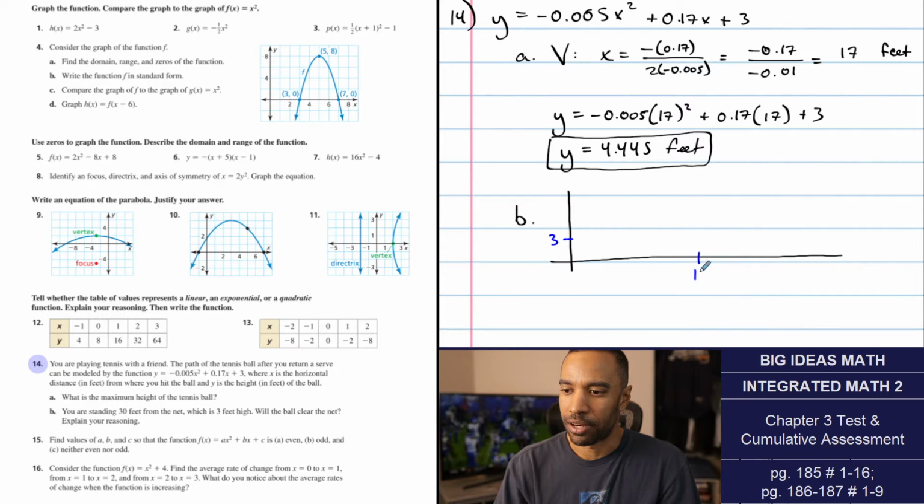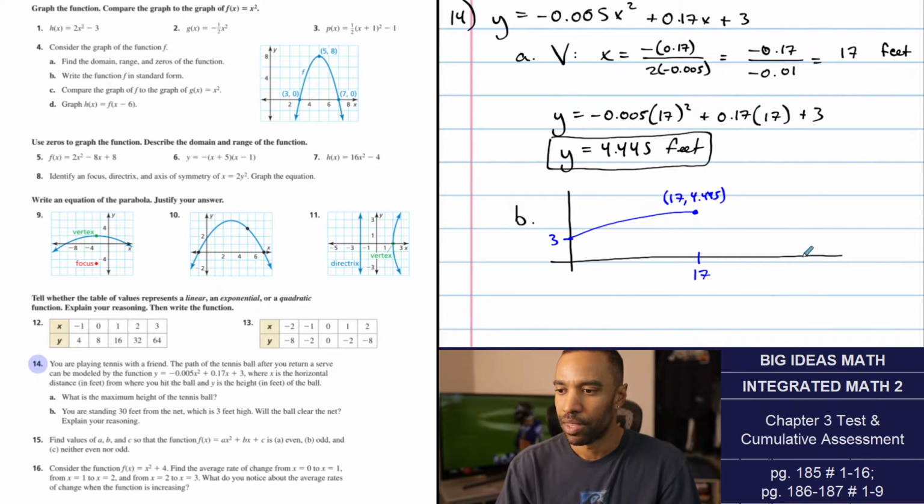17 feet later, it reaches the maximum height. It reaches the maximum height of 17, 4.445. That's neither here nor there as far as mattering. What matters is parabolas have symmetry. So another 17 feet later is 34 feet, right? At 34 feet, I should get this height of 3 again. 34, 3.